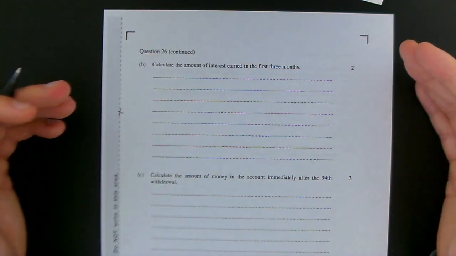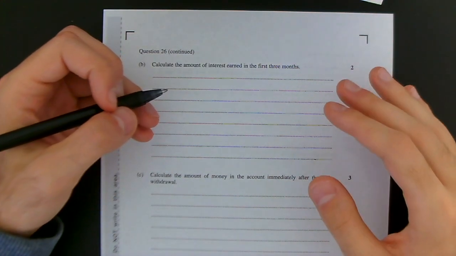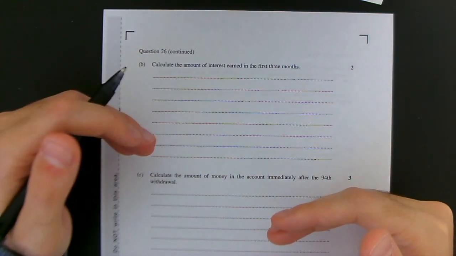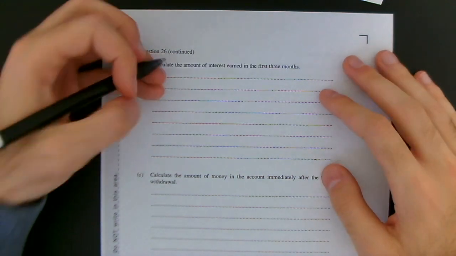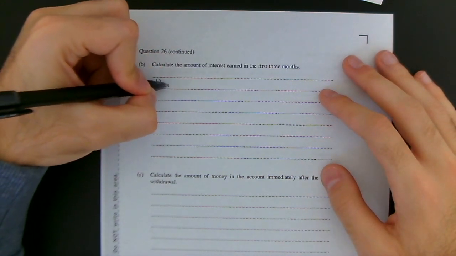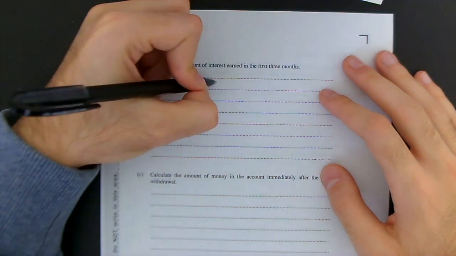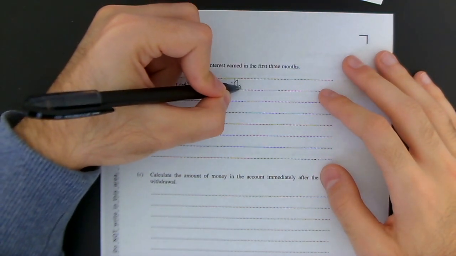So let's just assume that there was no interest paid. What is the amount that's left over if there's no interest after 3 withdrawals?